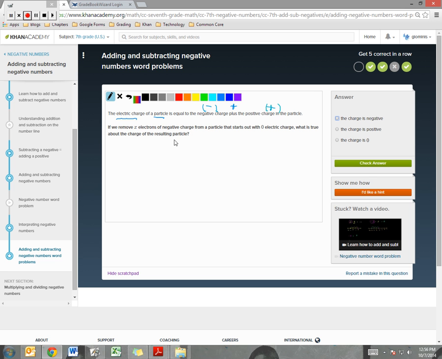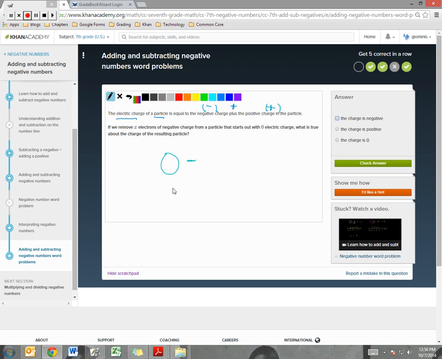It says if we remove x electrons of negative charge from a particle that starts with 0 electric charge, what is true about the charge of the resulting particle?